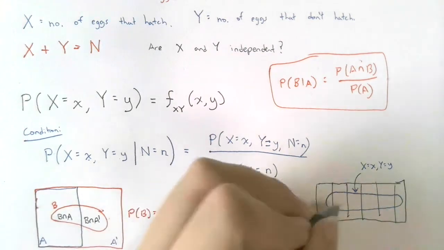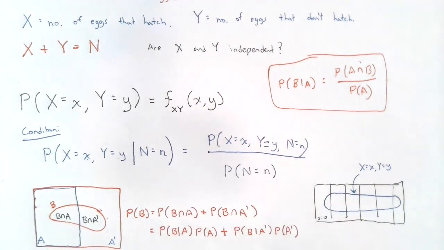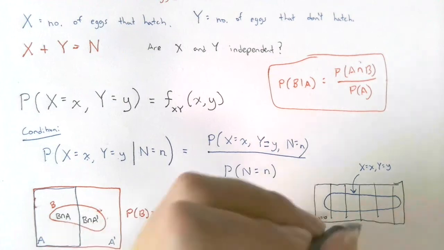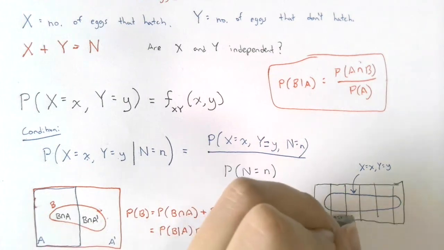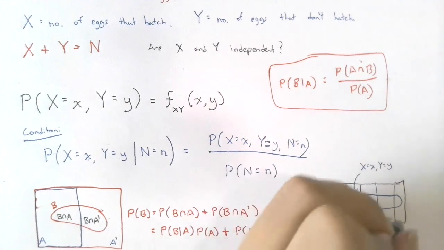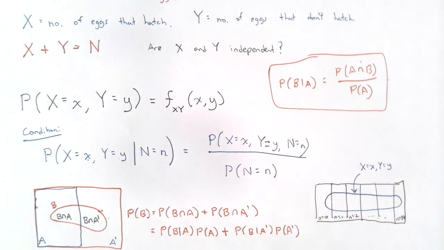Maybe a portion where n equals 0, a portion where n equals 1, n equals 2, and all the way up to n equals whatever the total number of eggs we could have, big N, so infinity, I guess.